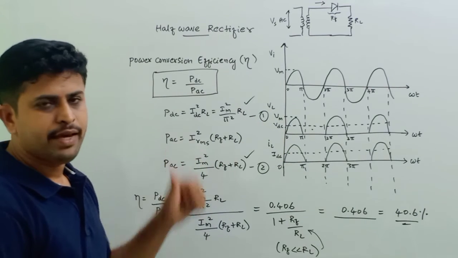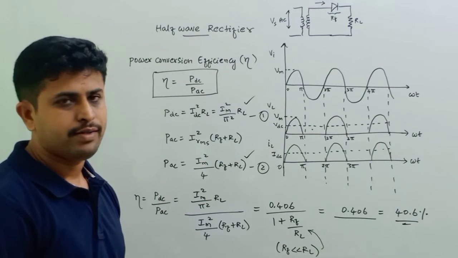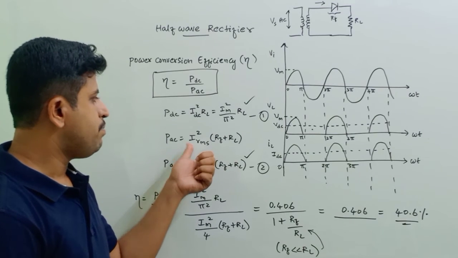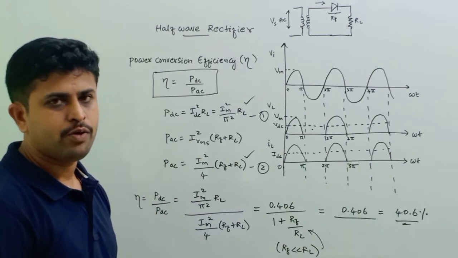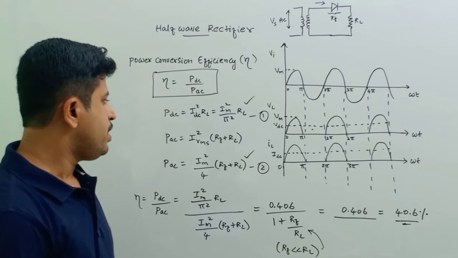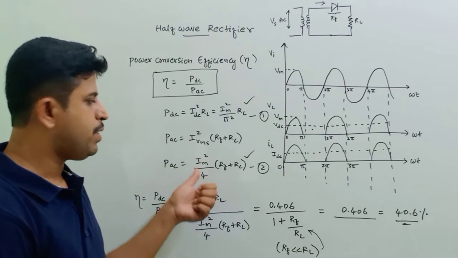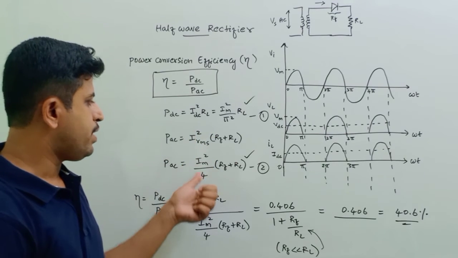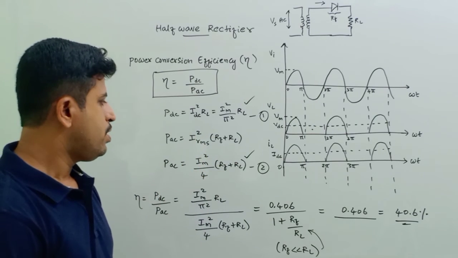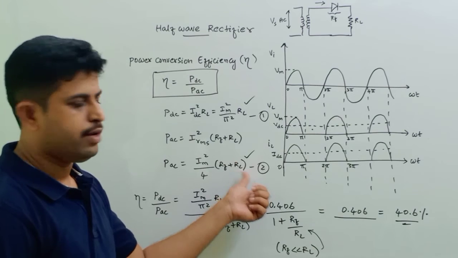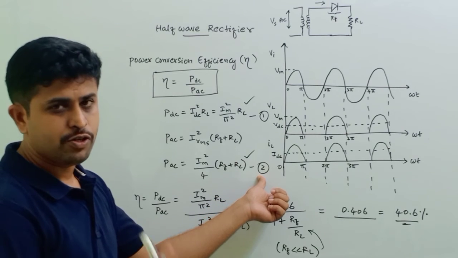Now, what is PAC? It is the AC power at the input, and it is given by IRMS square into Rf plus RL. Already we know the expression for IRMS, that is Im by 2. Because of the square, it becomes Im square by 4 into Rf plus RL. Let us say this is equation 2 here.